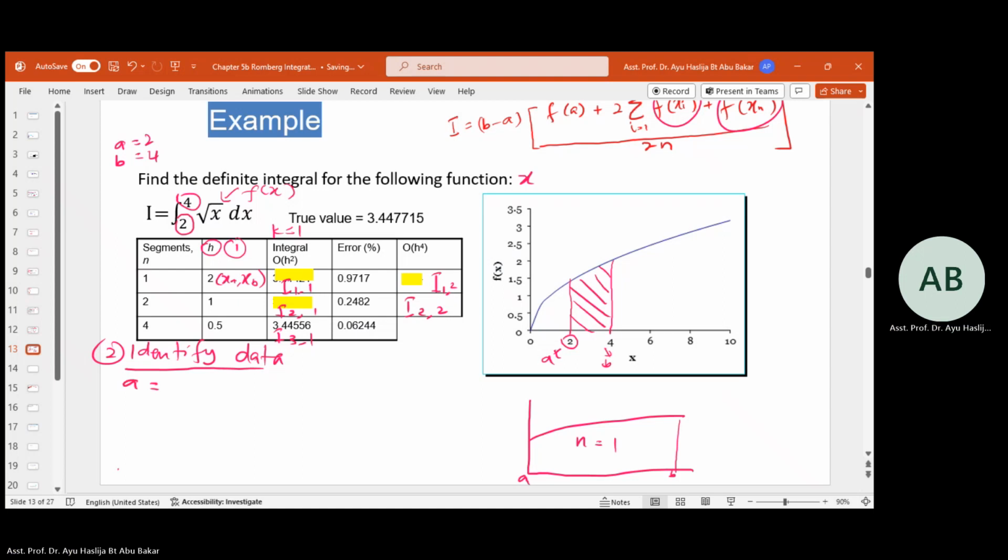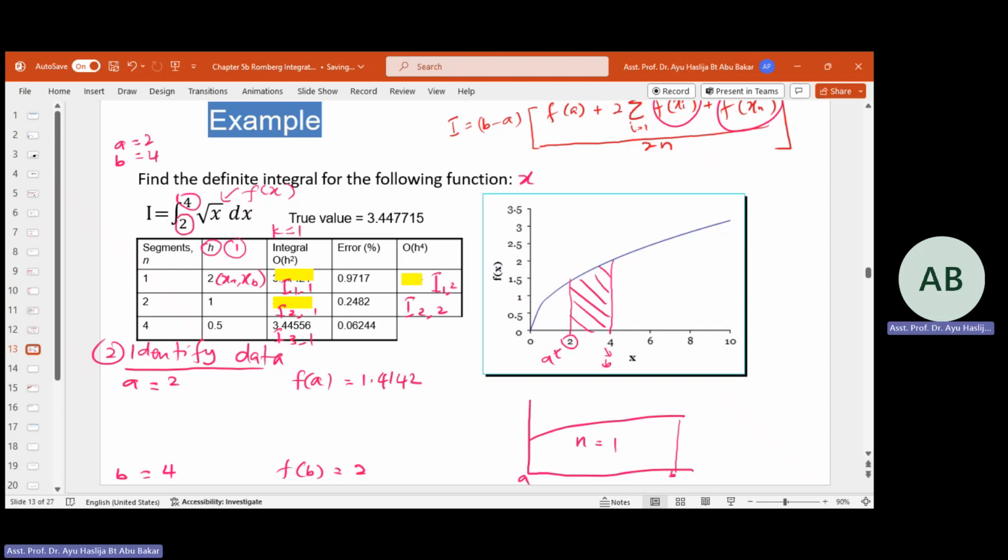A, B. Your A is 2, B is 4. Okay, what is your f(a) and f(b)? 1.4142, correct. f(b), 2, correct? 2.